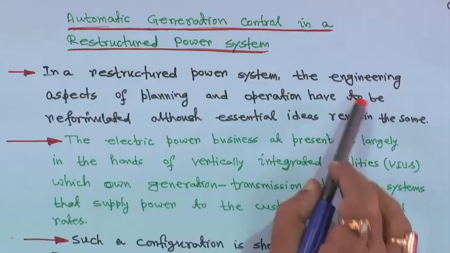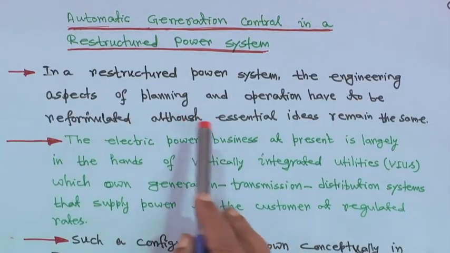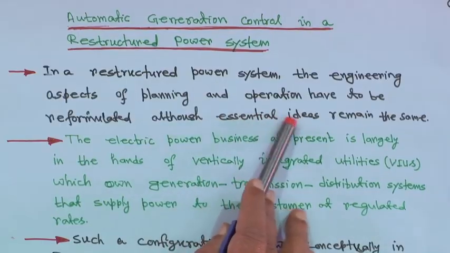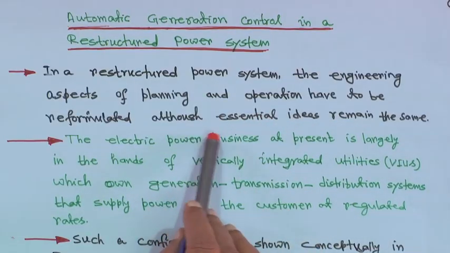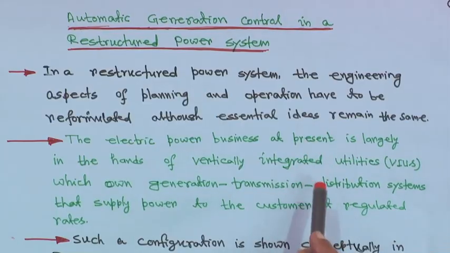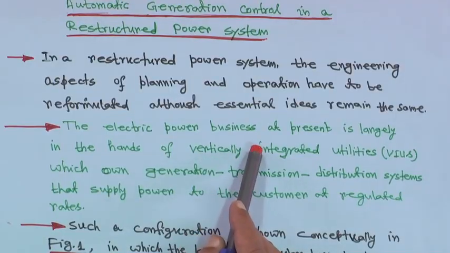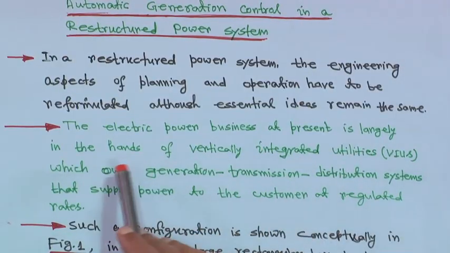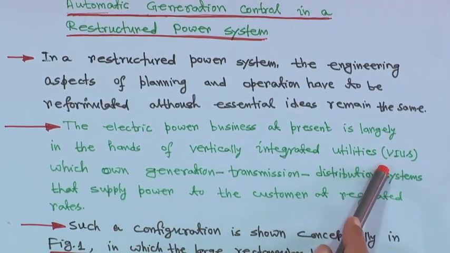So in that restructured power system, the engineering aspects of planning and operation that I told you about have to be reformulated, although the essential ideas remain the same. The generation, transmission, distribution concept will remain the same, only competition has been introduced, right. The electric power business at present is largely in the hands of vertically integrated utilities.